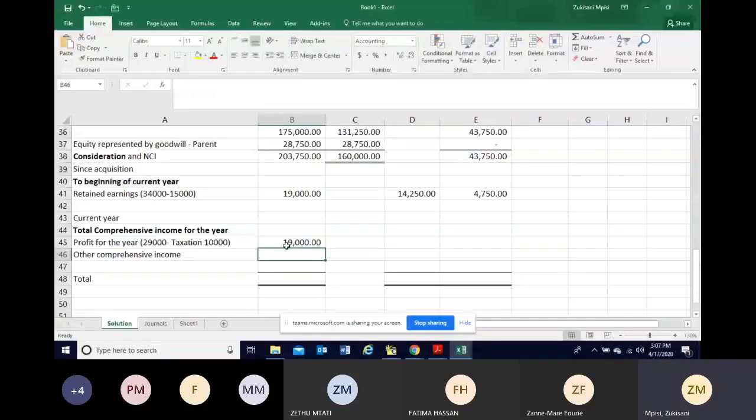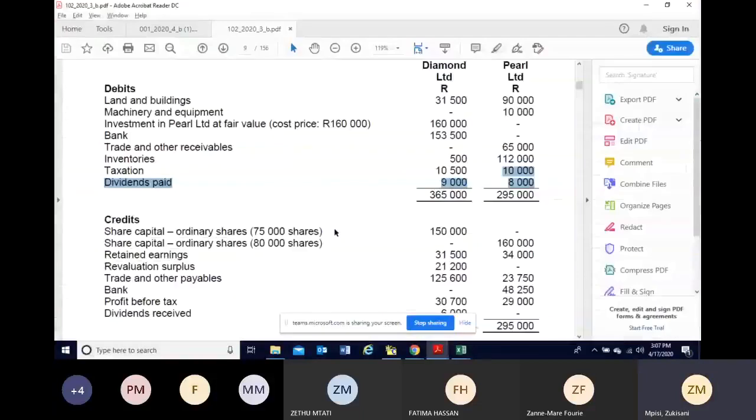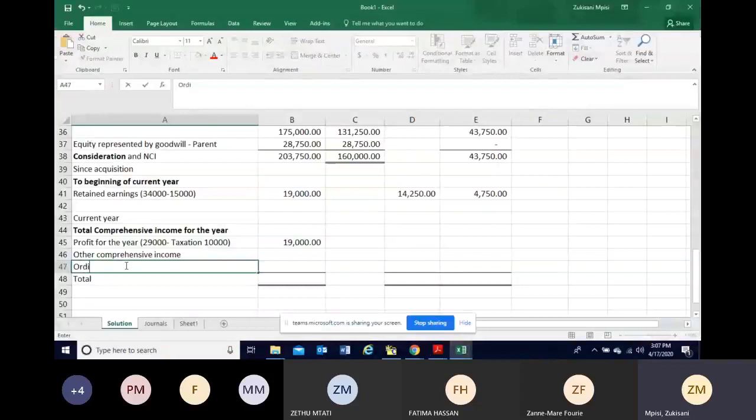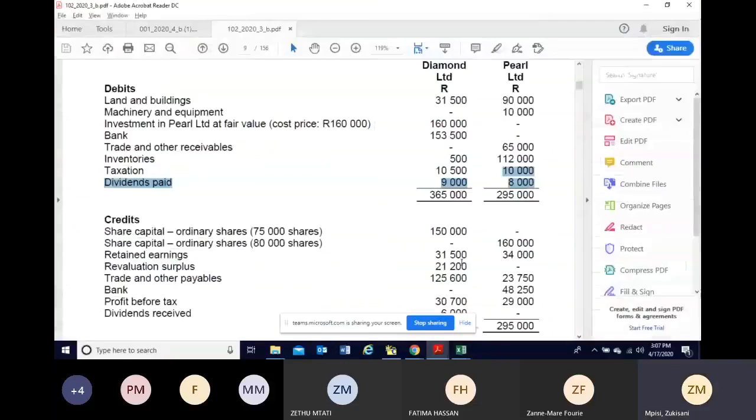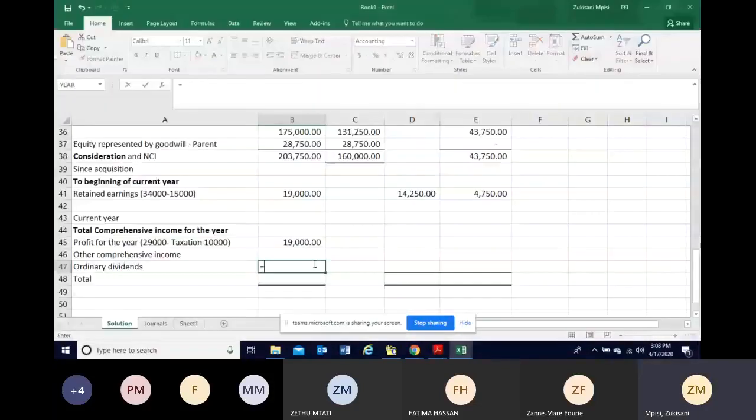Other comprehensive income, we do not have anything, but I see that we've got ordinary dividends of 8,000. So here we do a sharing, 75%.